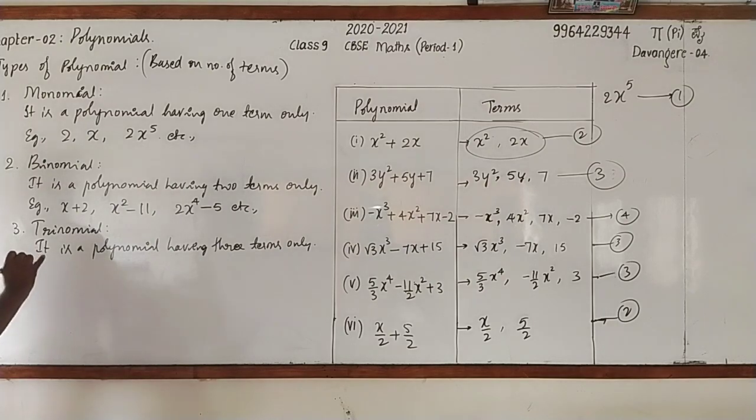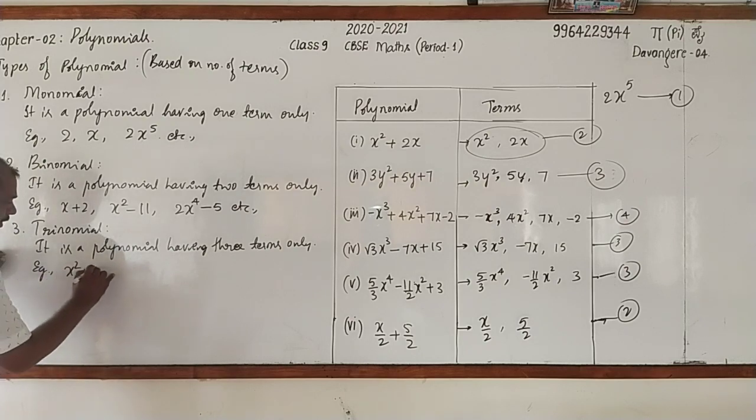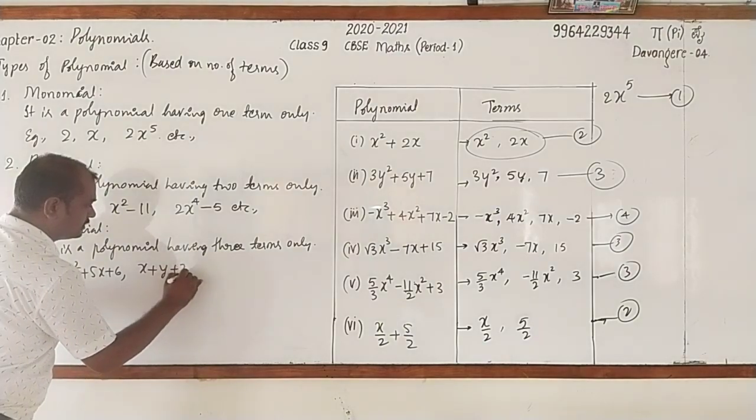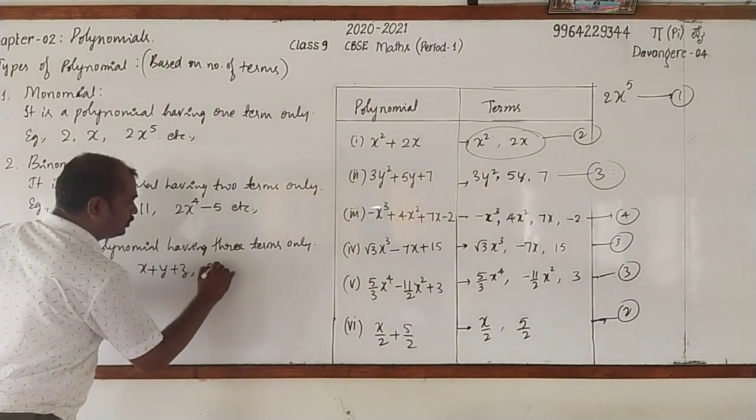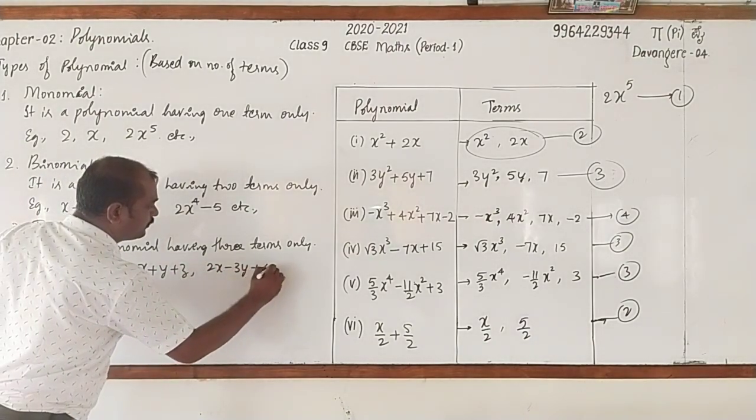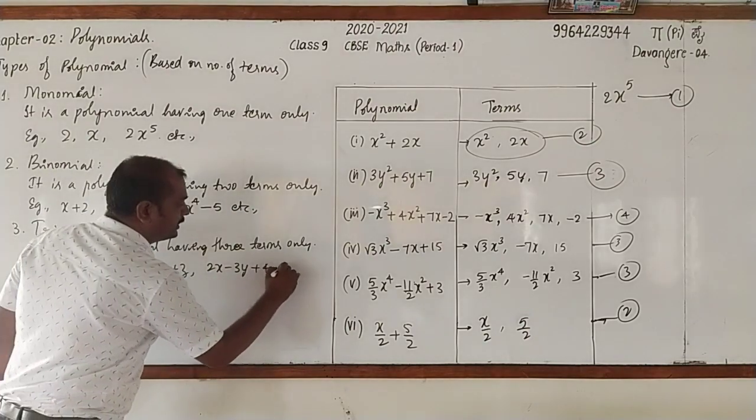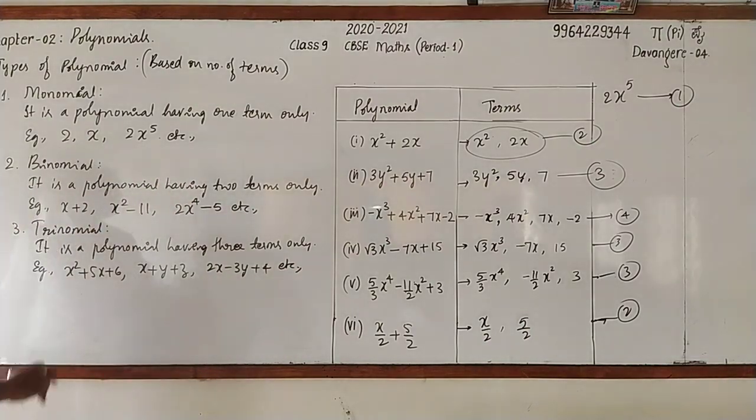Next, fourth one. So let me write the examples. Here, x square plus 5x plus 6, then x plus y plus z, 2x minus 3y plus 4. See, all these are examples for trinomial.